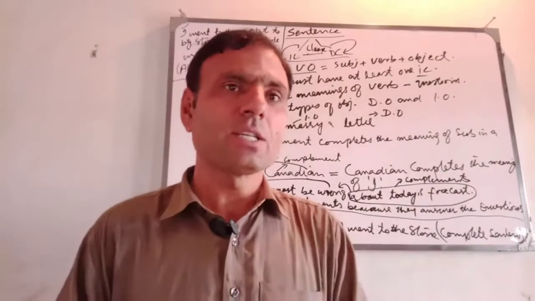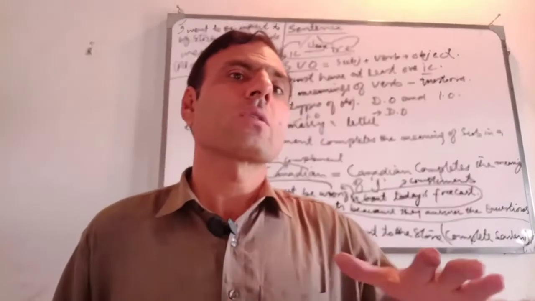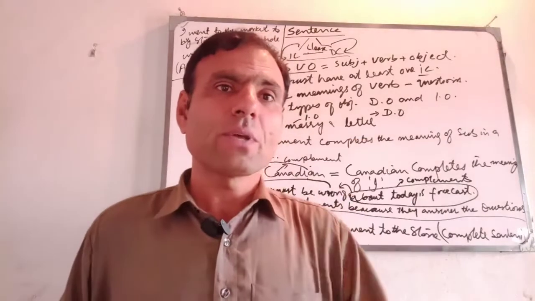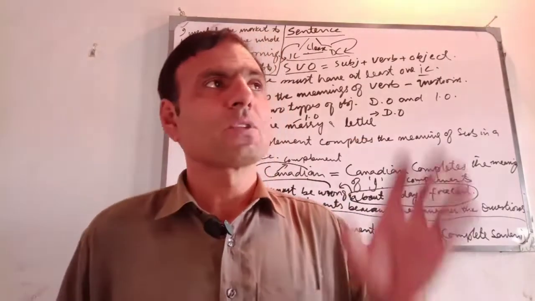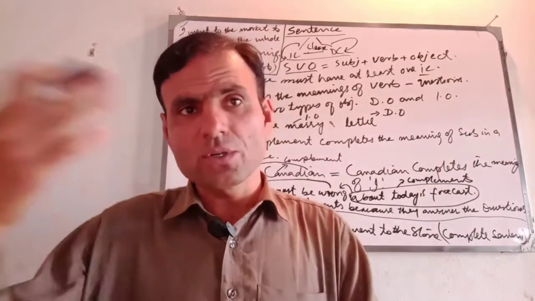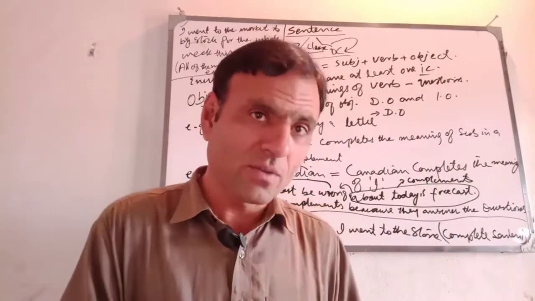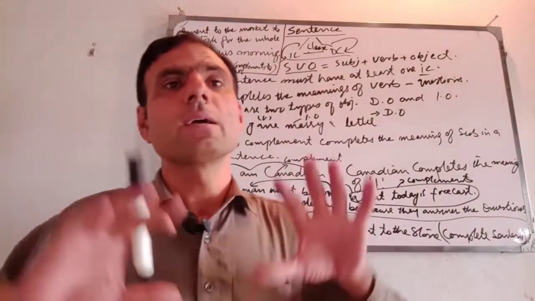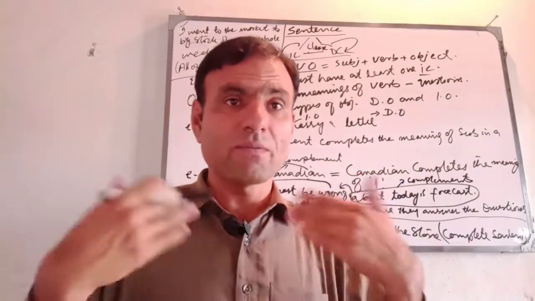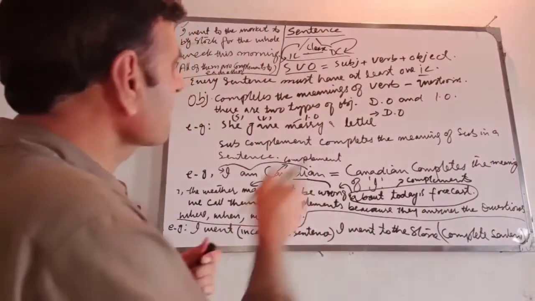Until we put an object, the verb's meaning is not clear. I'm writing an essay, a paragraph, a sentence, an article. Writing what? If I put an object there, the object clears the meaning of the verb in the sentence. That's why the object is necessary to clarify the function of the verb and tell us the meaning of the verb.